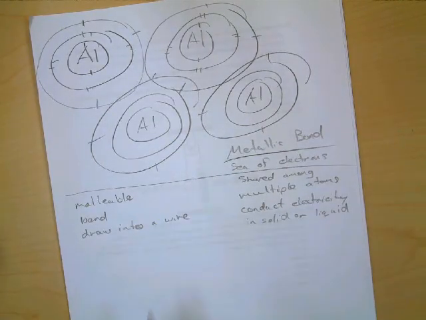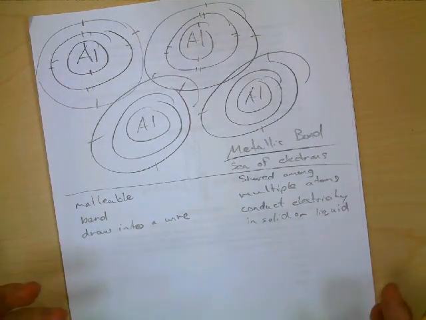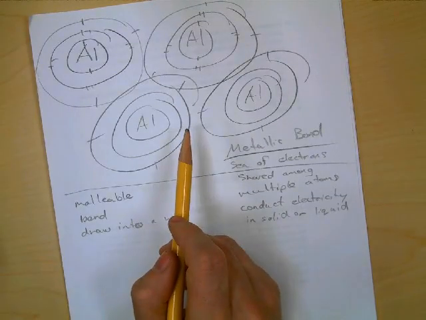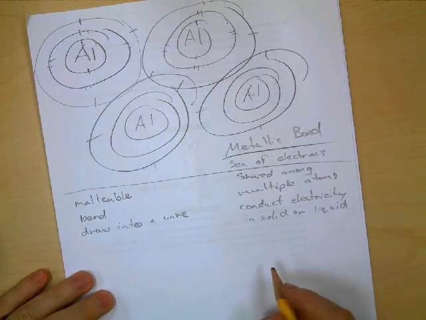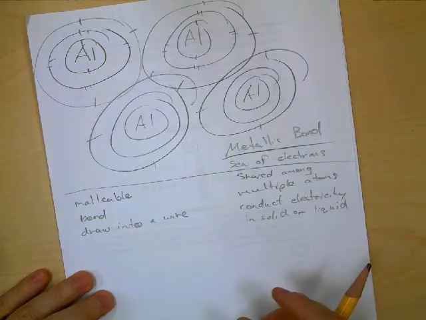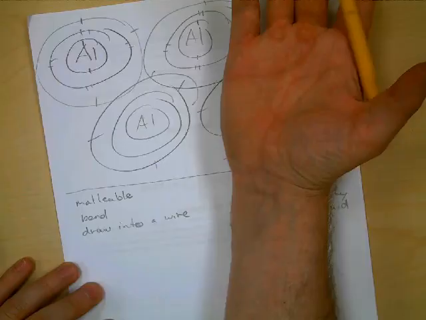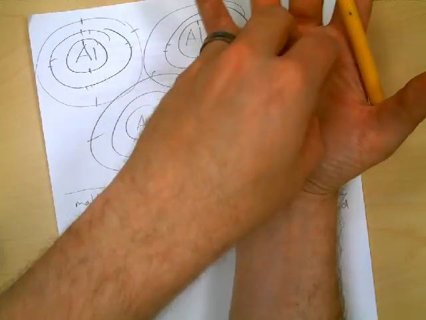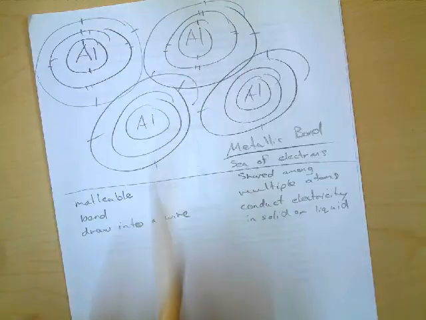So by that token, if you wanted to melt a metal, they can melt at lower temperatures than ionic compounds, although it depends. For instance, there's a metal called gallium that if you put it in your hand, it will just melt, right? It melts at about hand temperature. So, lower melting point.